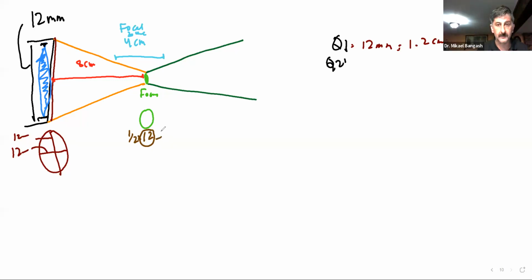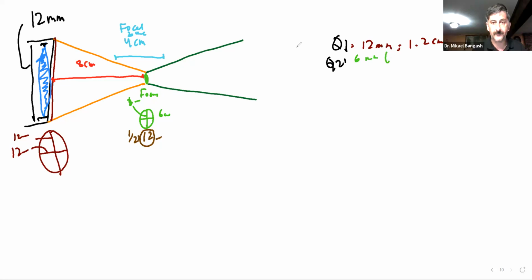At this point here, the beam would have been 6 millimeters wide and or 6 millimeters tall. Right, okay. Did that make sense? Yes. So 6 millimeters.